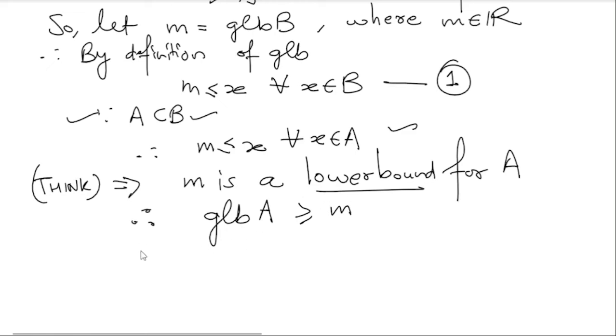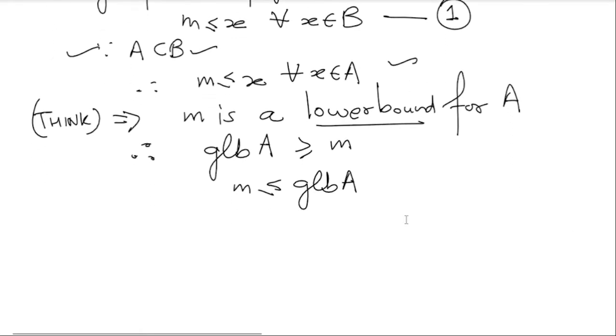I can write this as m will always be less than or equal to the greatest lower bound of the set A. I hope this step is clear to you. You can pause and think over whatever I have written. So from here we conclude that our m, the greatest lower bound of the set B, is less than or equal to the greatest lower bound of the set A.